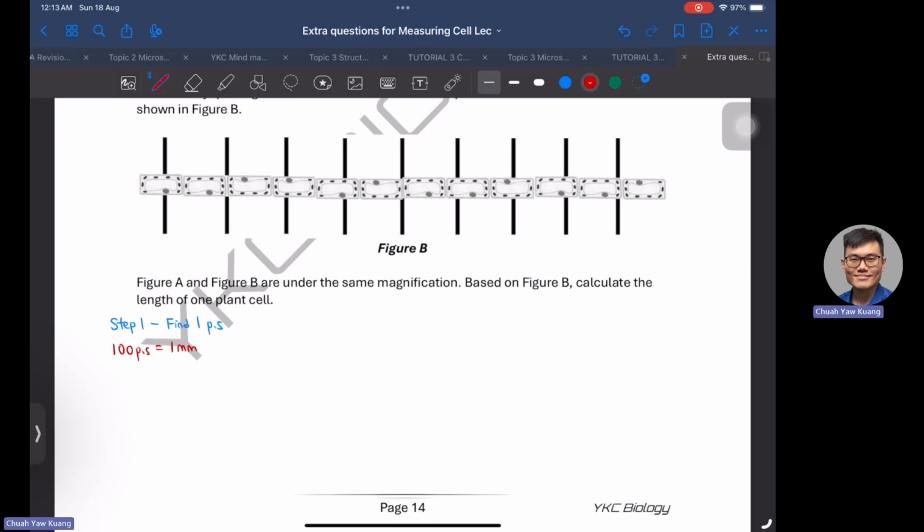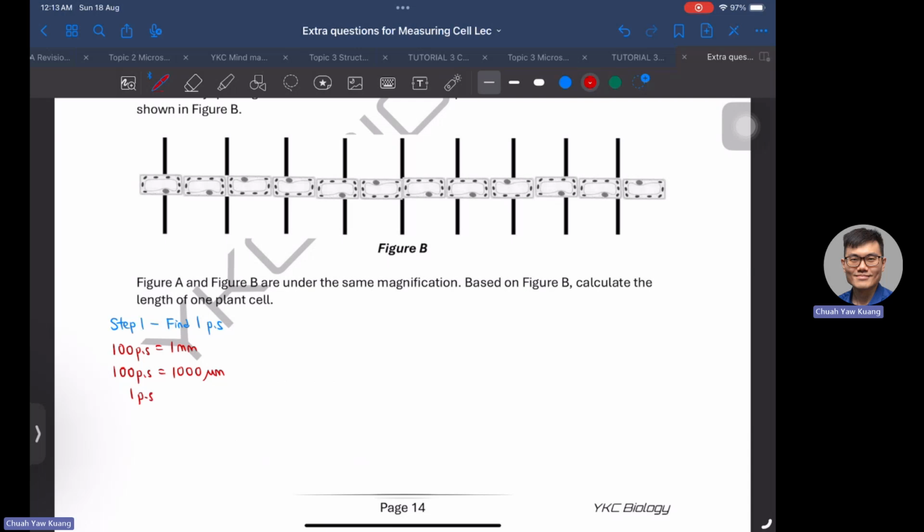First thing first, we need to change the millimeter to micrometer. To change that, we multiply by 1000, so now it is 1000 micrometer. So we do the conversion here. 100 pitch on the stage micrometer is equal to 1000 micrometer.